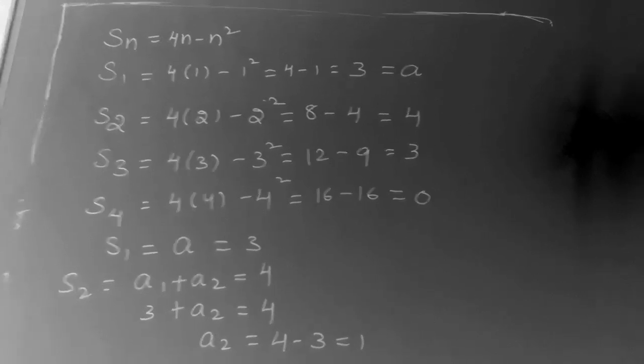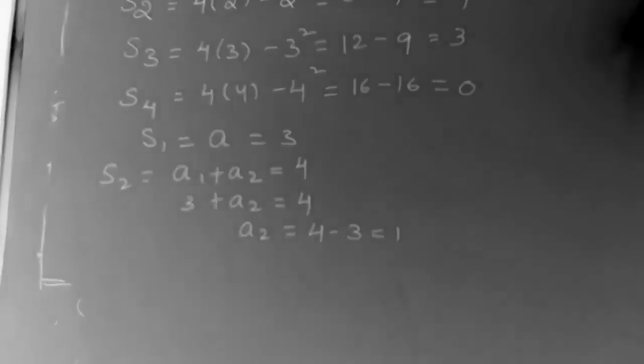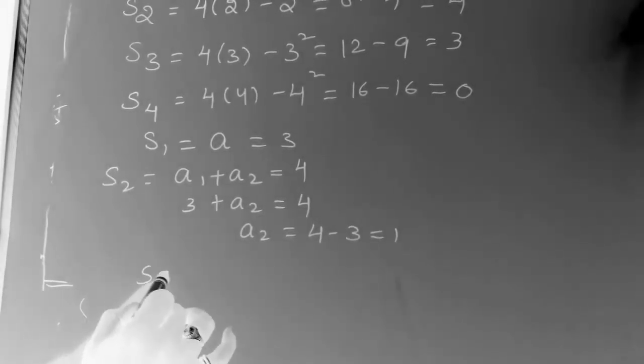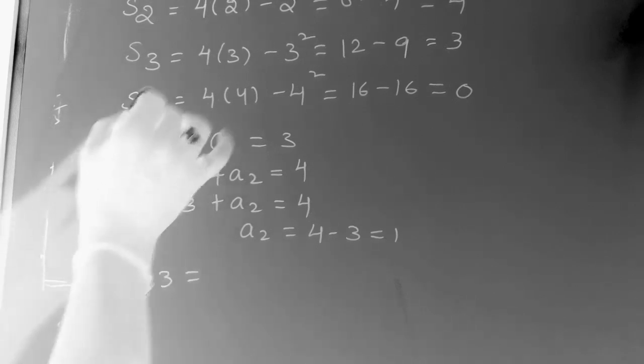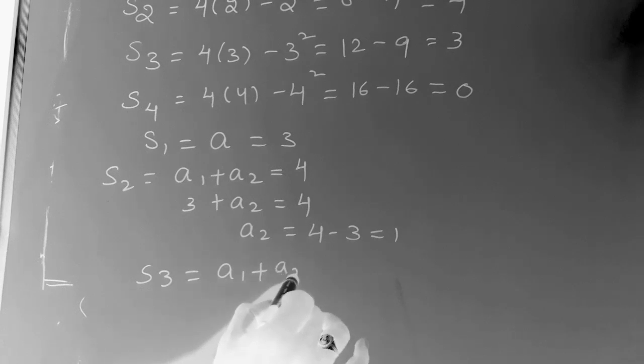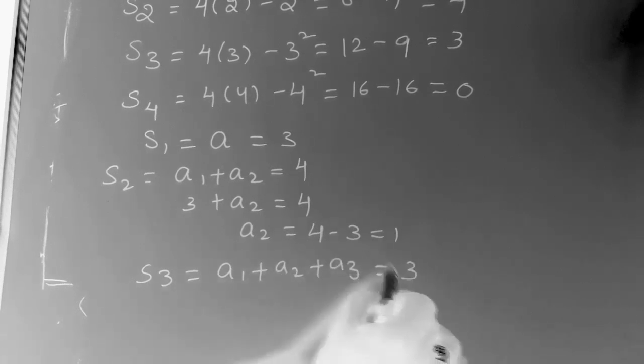Similarly, we have to find the third term of the series. The sum of three terms is given, that is A1 plus A2 plus A3, which equals 3 here.